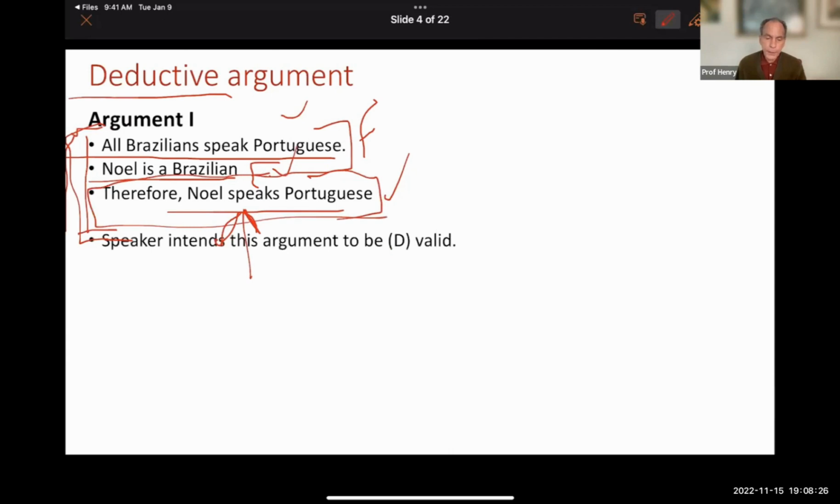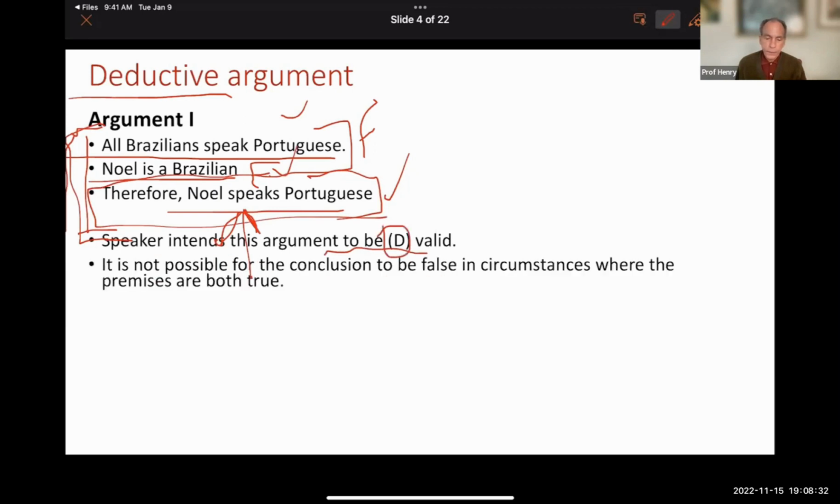So the speaker intends this argument to be deductively valid. It is not possible for the conclusion to be false in circumstances where the premises are both true.